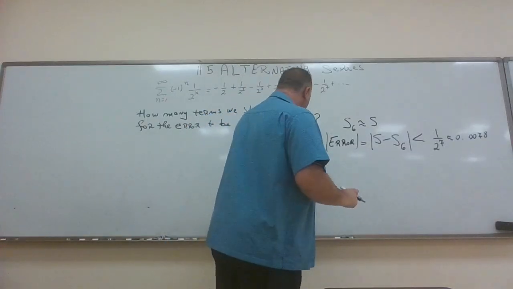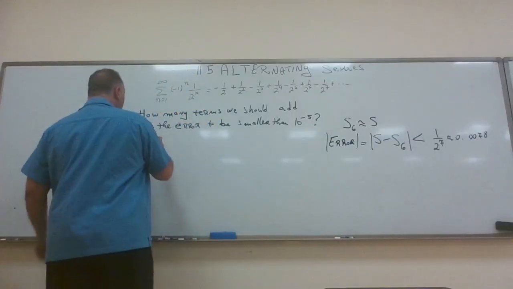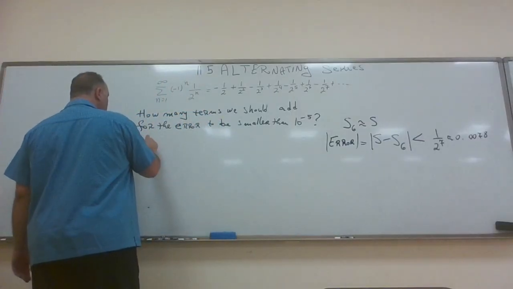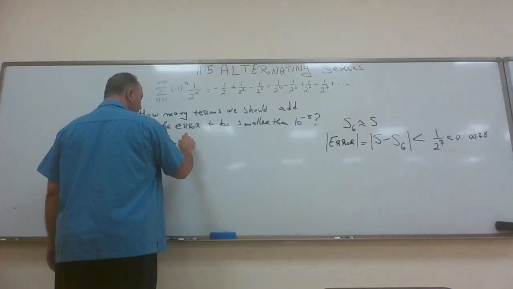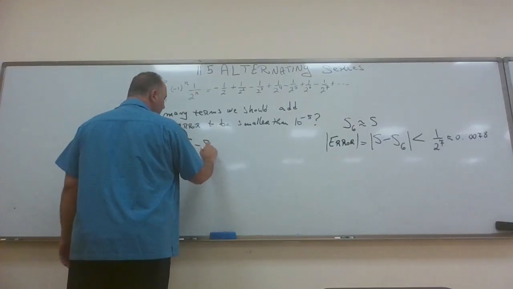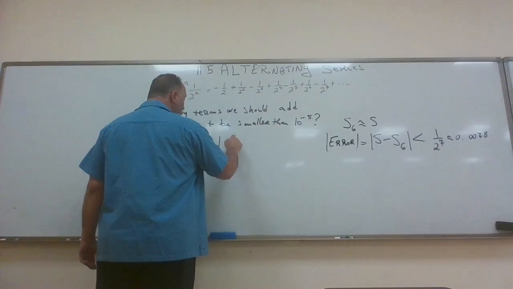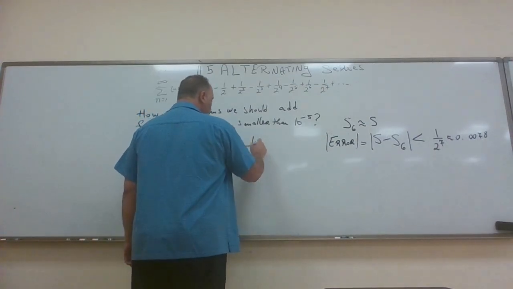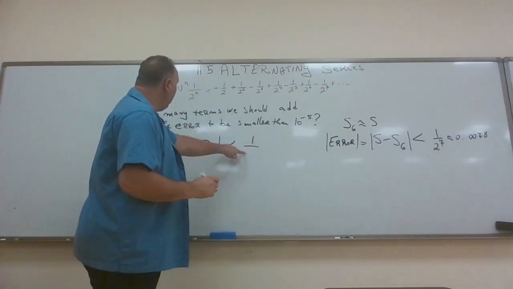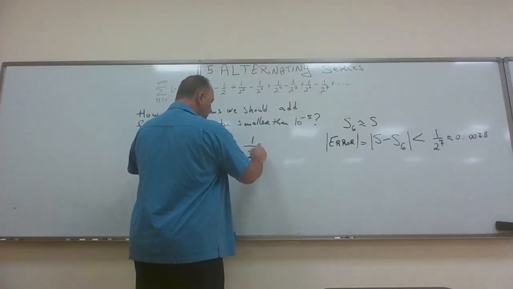In this situation, again, I don't know what n is, so I'm looking for n. The error is the sum minus some Sn. I don't know how many terms. But what I know, because this is a convergent alternating series, is that the error is smaller than the next term. So this is n, so it's n plus 1.